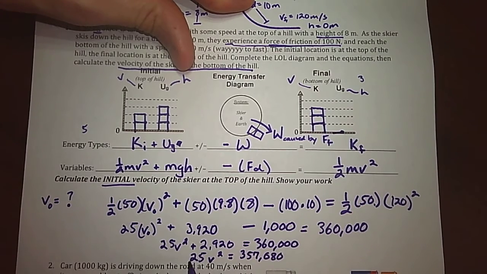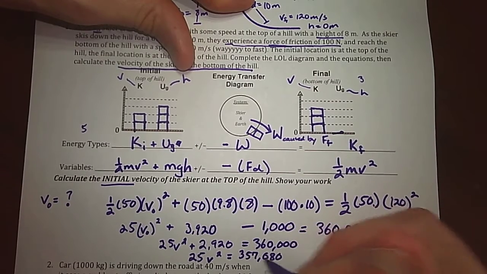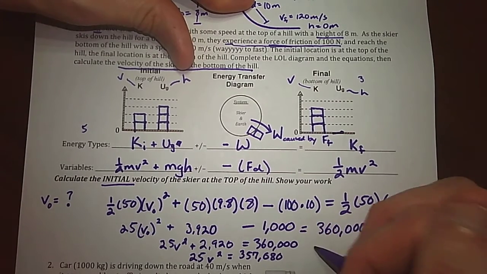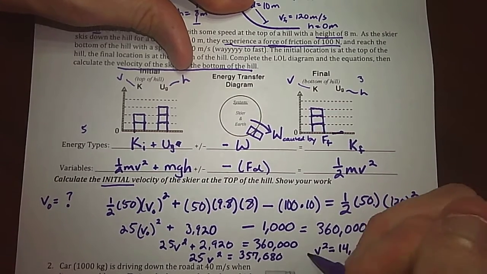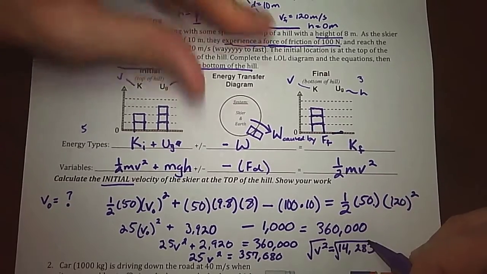Then I'm going to divide both sides by 25. 357,080 divided by 25 gives me velocity squared equal to 14,283. Now I'm going to take the square root of both sides.